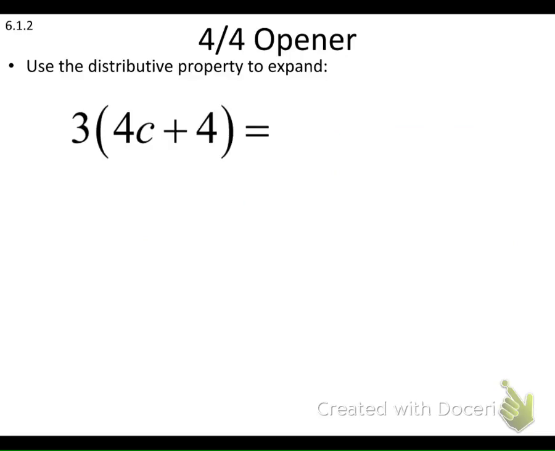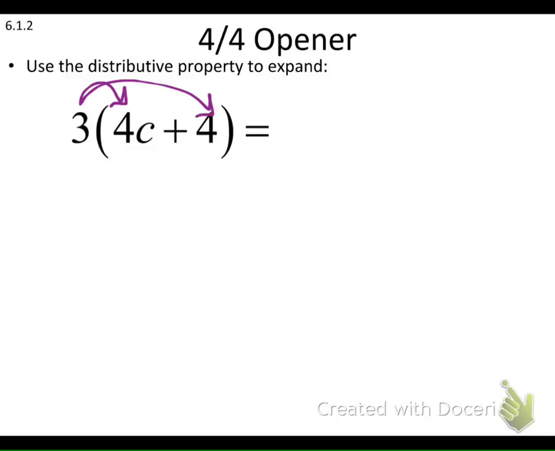Now for my last problem on the opener, we are going to be using the distributive property. Now, have you guys done this before? Yes. Okay, perfect. So, I am going to take this 3 and I'm going to distribute it into both of those numbers, right? So, I'm going to multiply that 3 by that 4, and I'm going to multiply that 3 by that 4.